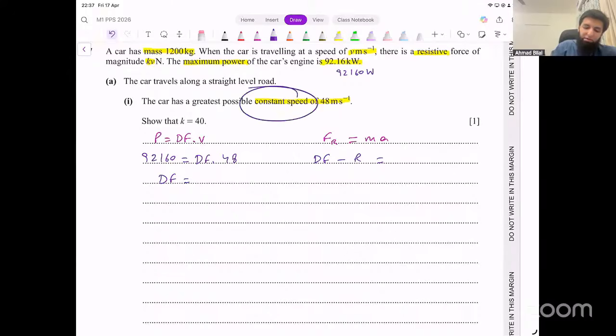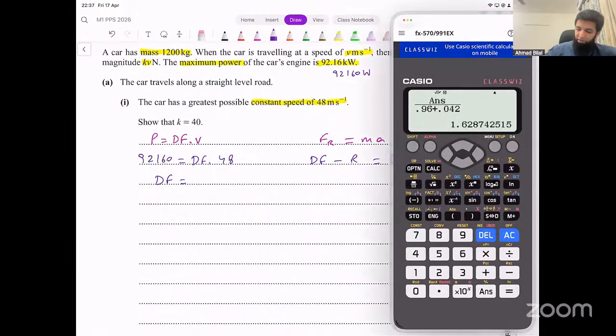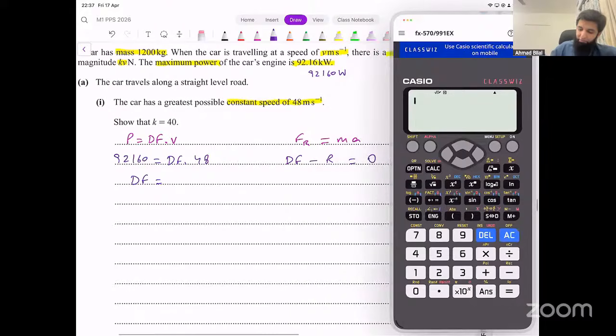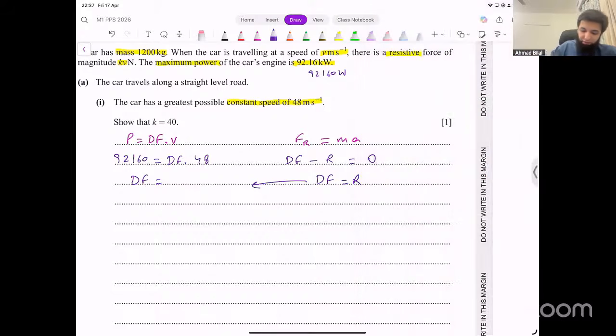Since they're talking about constant speed, acceleration is going to be 0. So on the right side, we get 0. The driving force value that we get on the left side, what's that? From this, we can say driving force is equal to R, right? So we can equate it to that. 92160 over 48, that's 1920. Okay, 1920. That means R is equal to 1920.